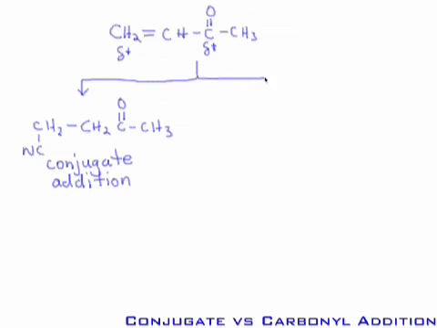If we attack the carbonyl delta plus, CN would go there. That would put an oxide, O minus, out here, which would grab a proton, and you'll end up getting this.